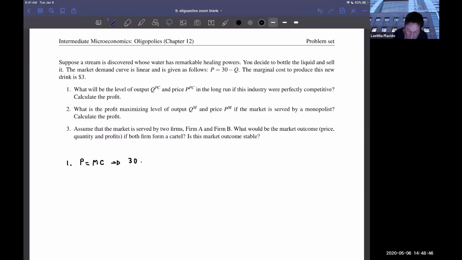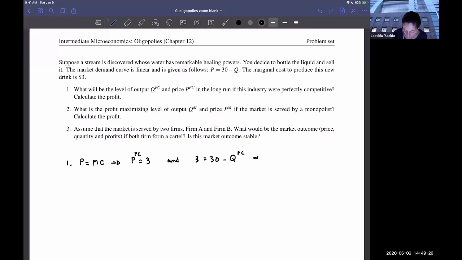Price equals marginal cost means price is going to be equal to 3. $3, that's the price under perfect competition. And what will be the equilibrium quantity in that market? Well, you just plug the price in the market demand curve. So you end up with 3 equals 30 minus Q.